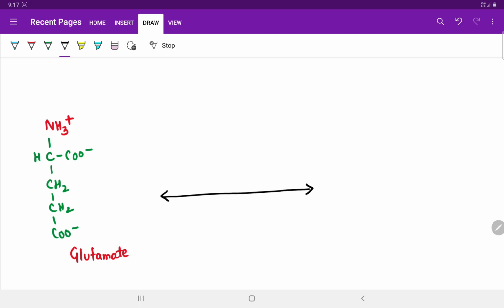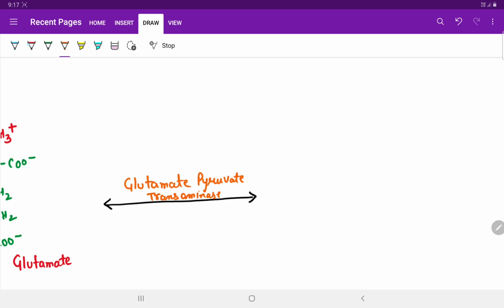The same enzyme will be utilized here, that is glutamate pyruvate transaminase, and a keto acid will be formed here.